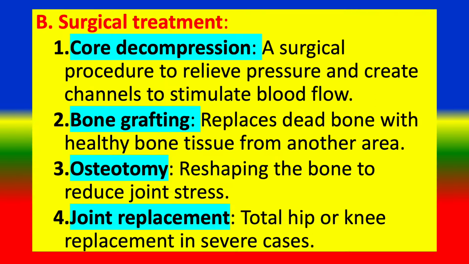B. Surgical treatment. 1. Core decompression. A surgical procedure to relieve pressure and create channels to stimulate blood flow. 2. Bone grafting replaces dead bone with healthy bone tissue from another area. 3.